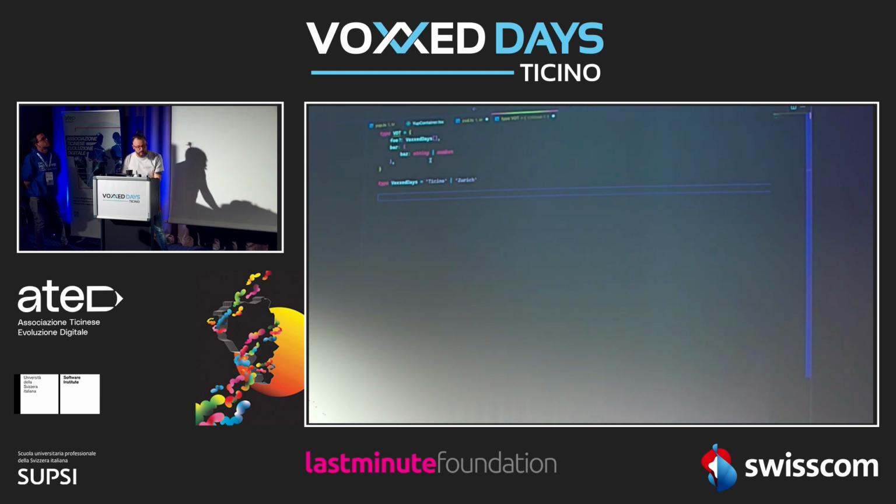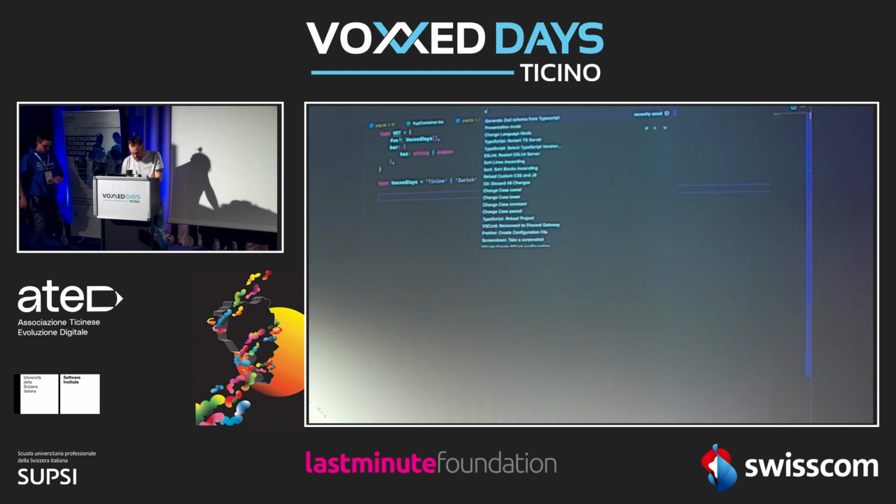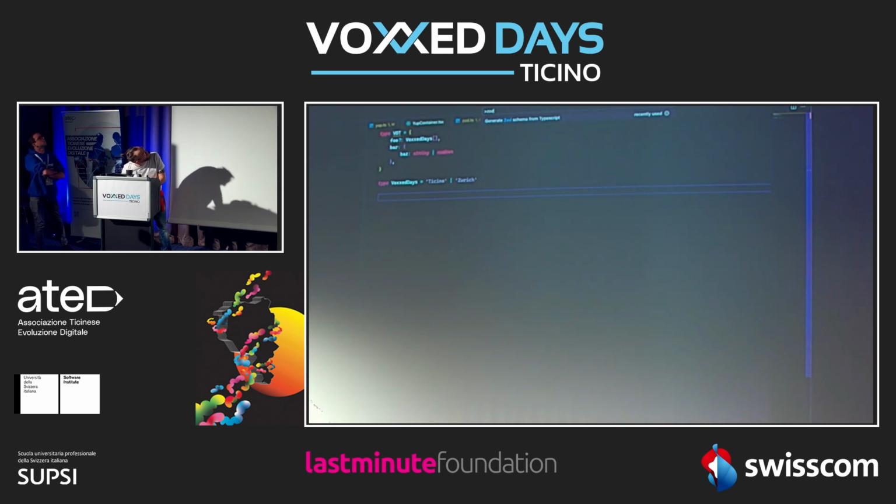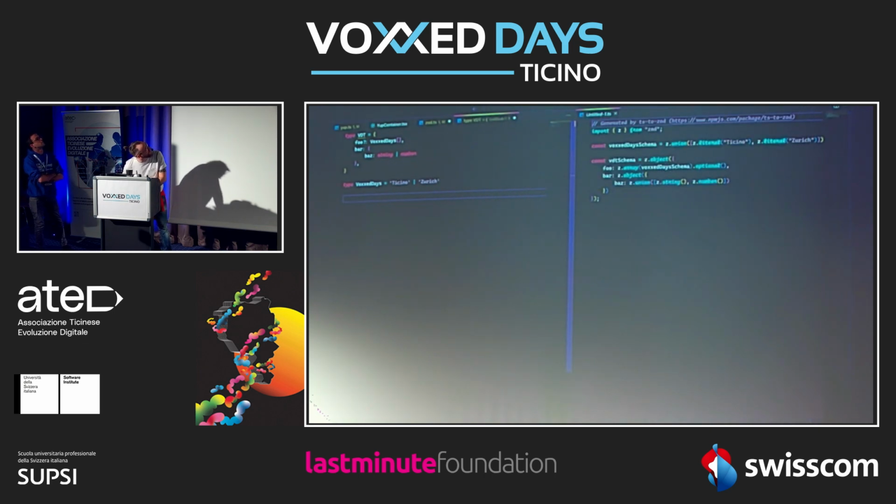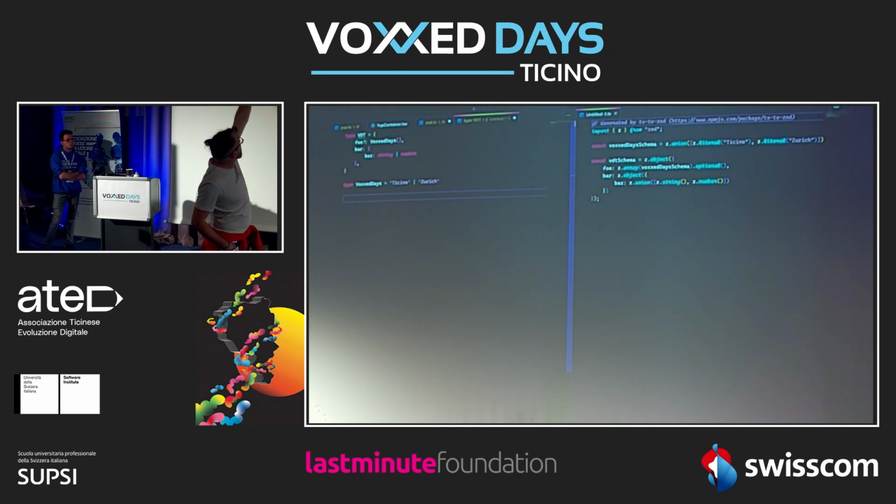And as you can see, it created schemas from each of the types we wrote before and created our schema. This is really simple and also works with complex objects.